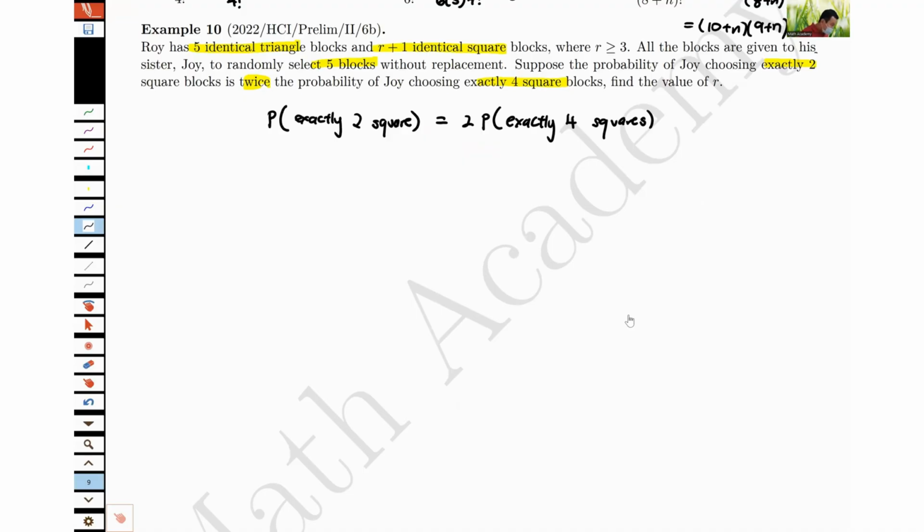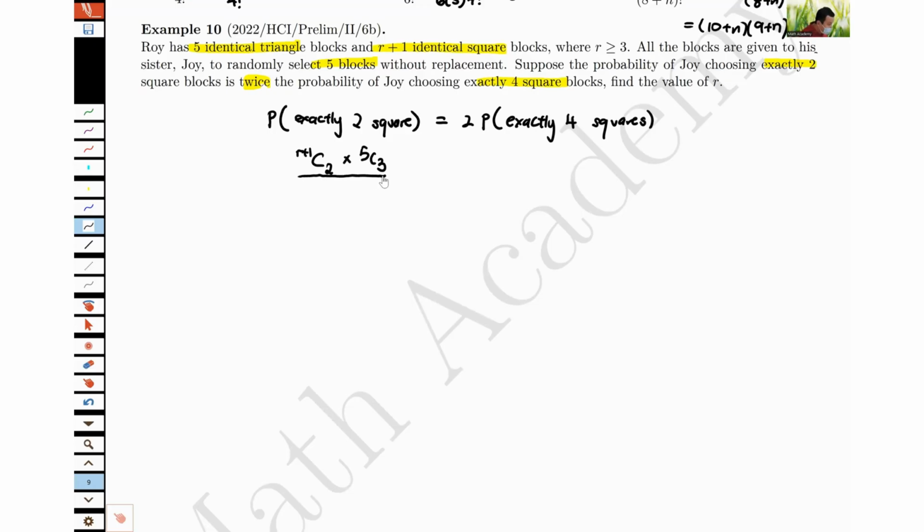Let's do something similar to that ball problem. If I need 2 squares from r plus 1 squares, we choose 2 from the r plus 1. But I need to form up 5 blocks, so from the 5 triangles, I need to choose another 3.